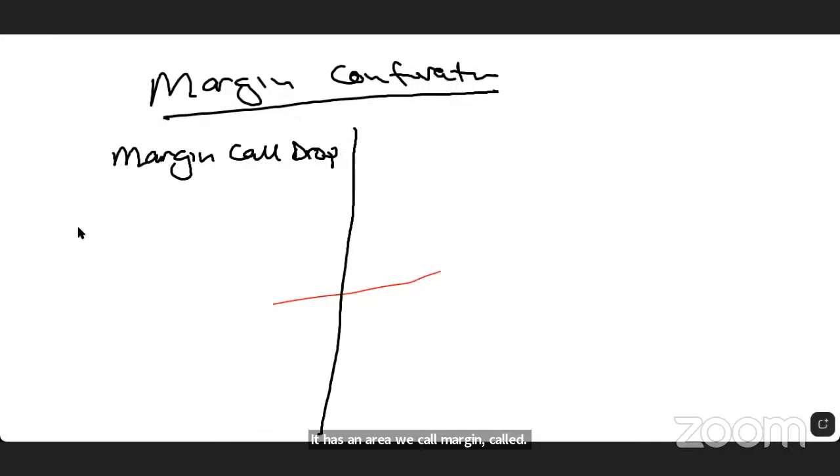Then it has an area we call multiple buy-in ratio.